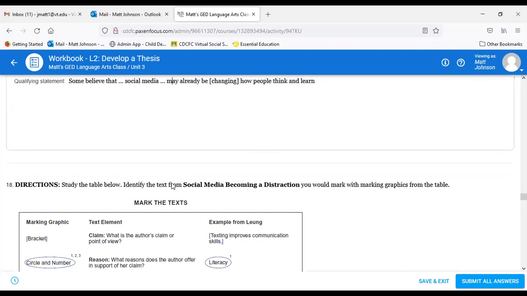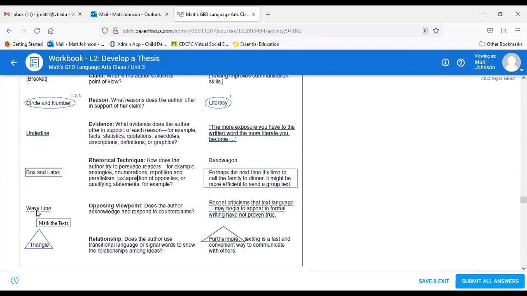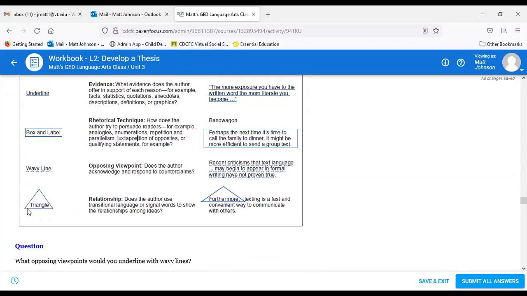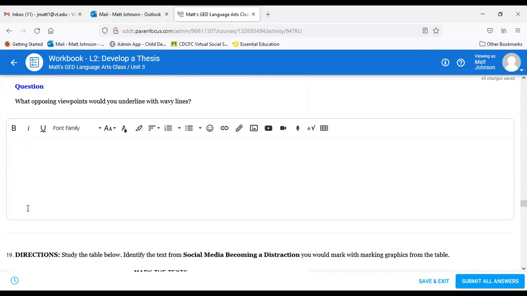So 18, we're looking at opposing viewpoint. So where does Clement use an opposing viewpoint?